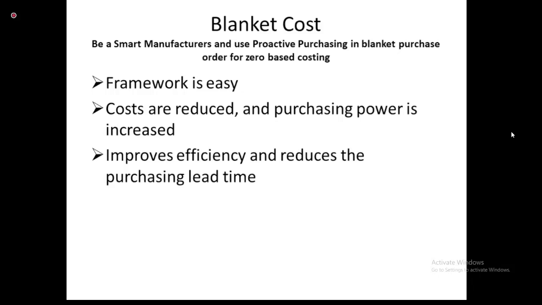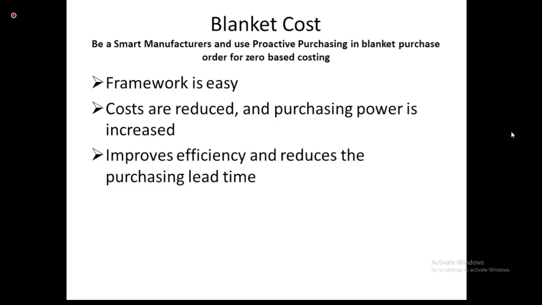Many master suppliers are reporting a price increase of 7% on steel products and 10% on stainless steel products. So one of the most powerful ways to mitigate the risk of rising prices is to make the supply chain very proactive.